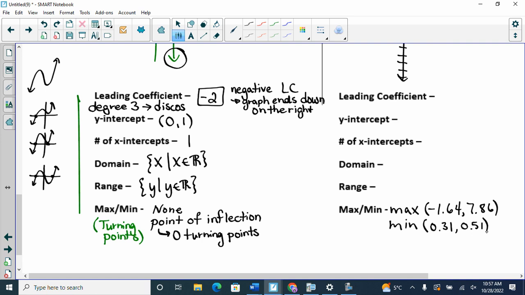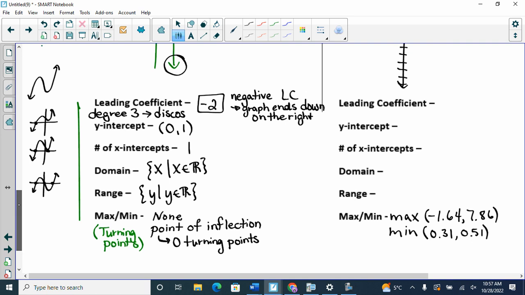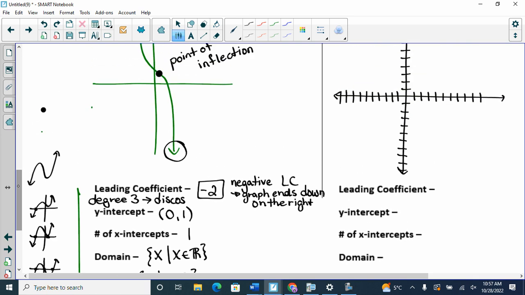And then I go plot that. 0.31 and 0.51. And I'm going to label it down here, 0.31, 0.51.